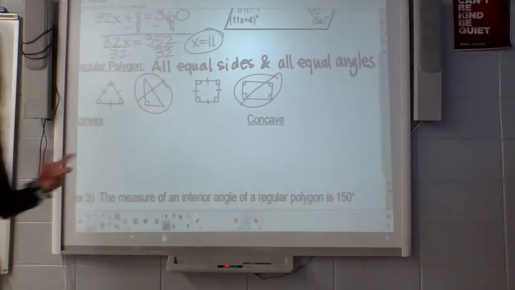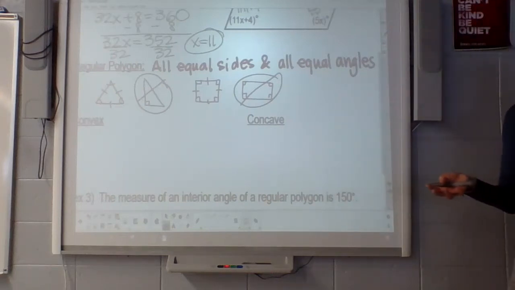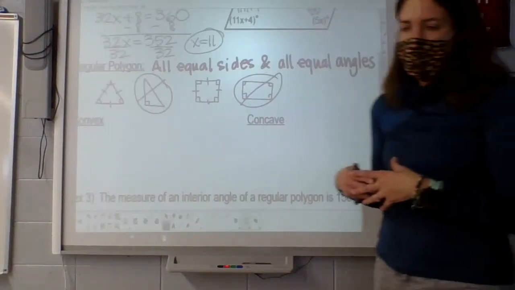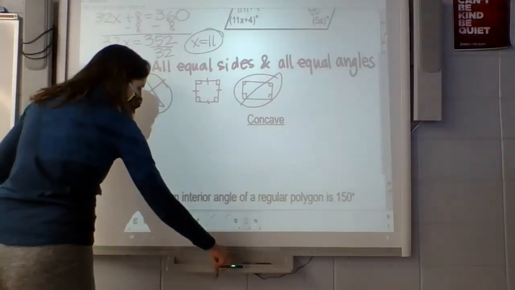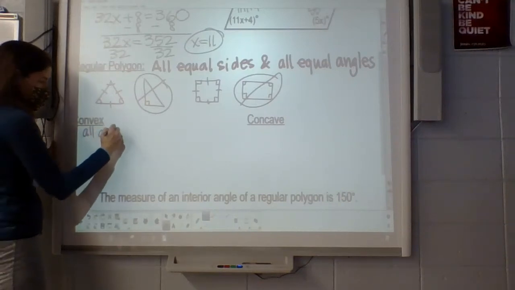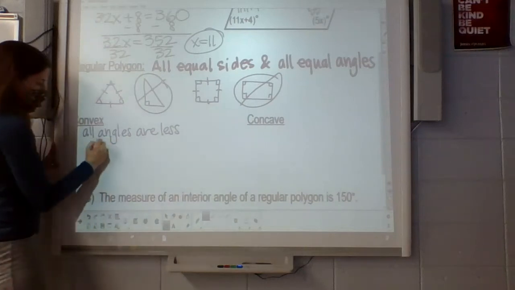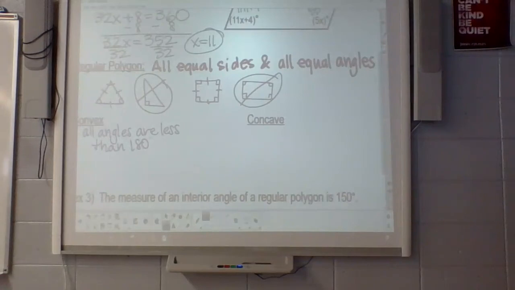Now there are also two types of shapes you can have, called convex and concave. The one you're probably most comfortable with is convex, because that's what we typically draw a shape as. So convex means all the angles are less than 180 degrees, just like a normal polygon, what you're used to seeing.